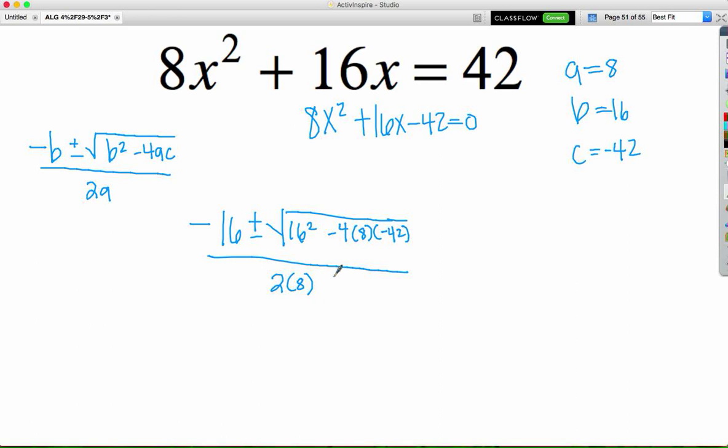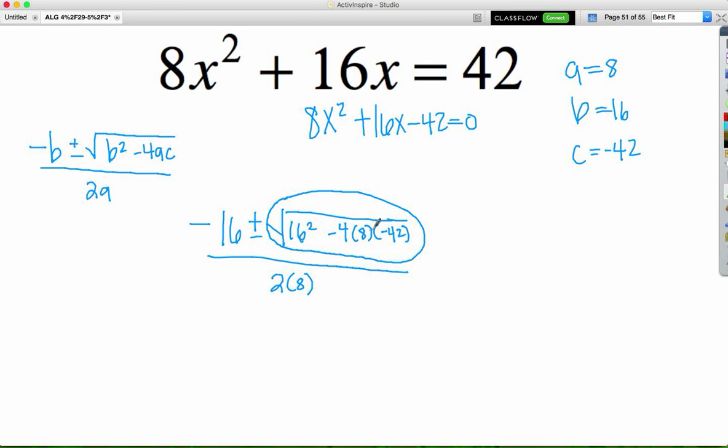When I generally do this, I don't necessarily type the whole thing in. You can. I usually just try to type in this part. And if it doesn't come out to be a perfect square, then you'll have to simplify what's underneath and see if you have to break it apart.